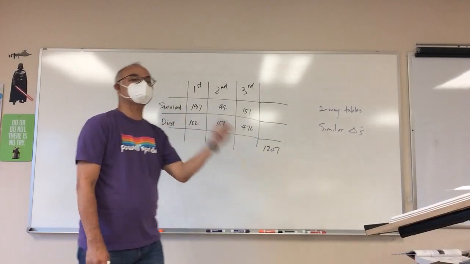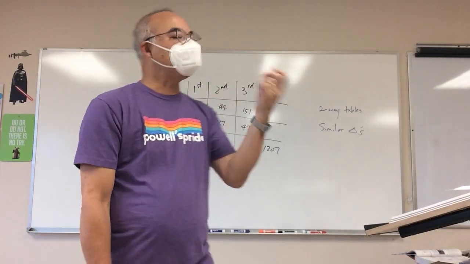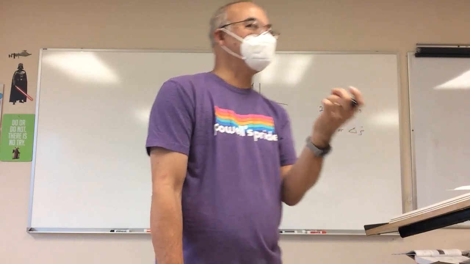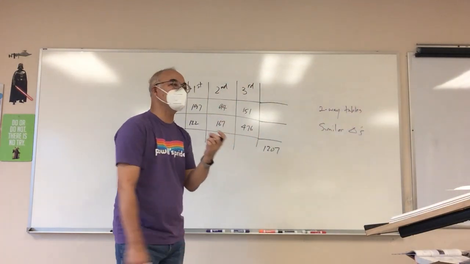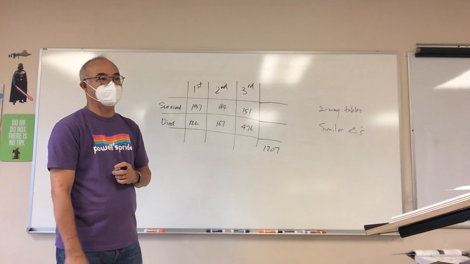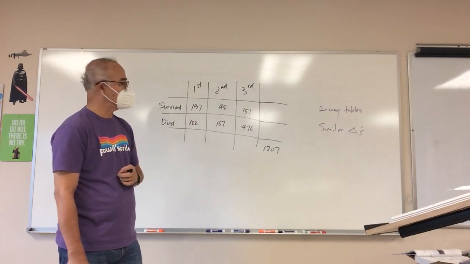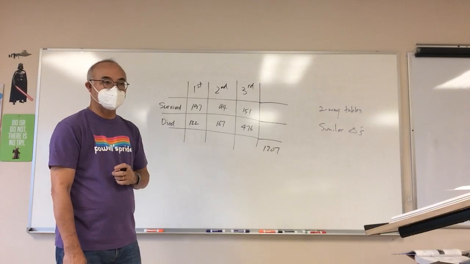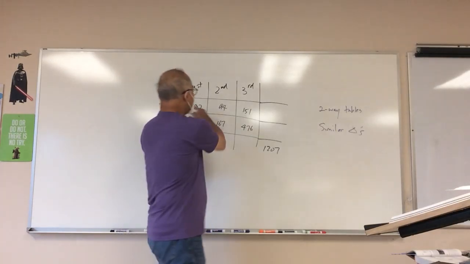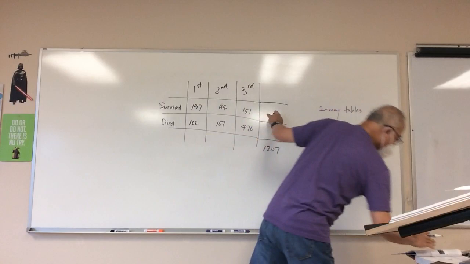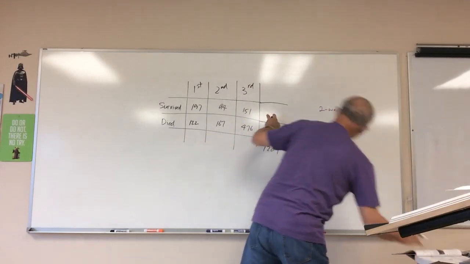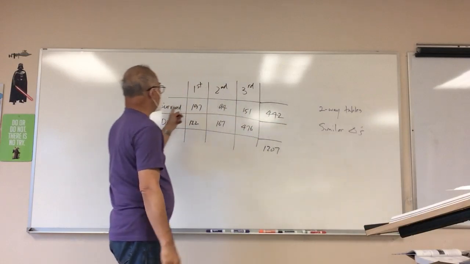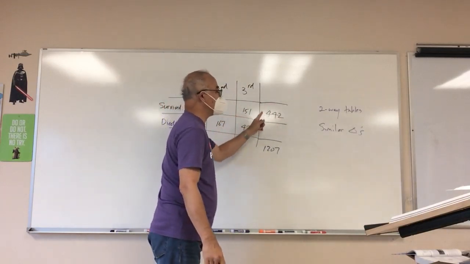Okay, let's review the question again. If you had survived, what is the proportion, or what are the chances, that you were in first class? So it's 197 over the total of the first row. Do you understand what he said? If I add these all together, I'm going to get 442. These are all the people that survived.